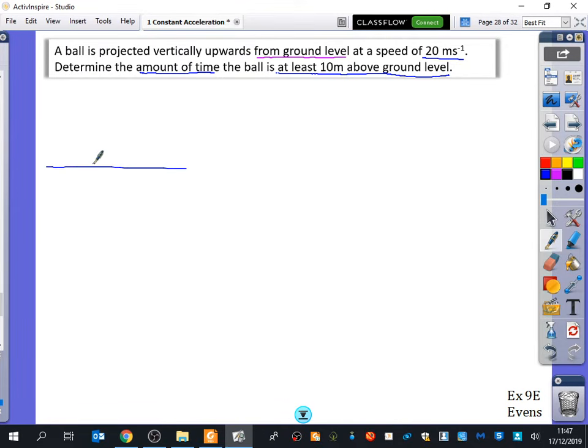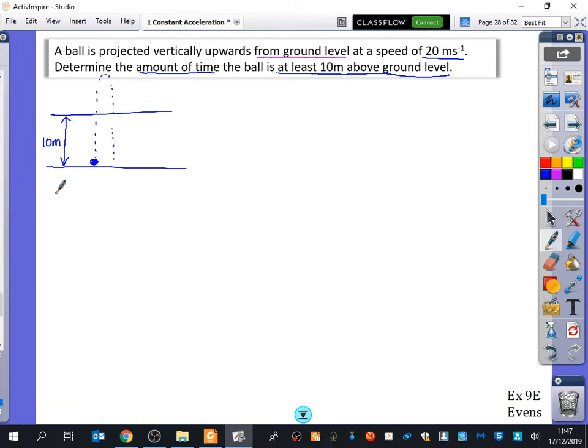We have the ground. We have something that is being projected upwards. And then it comes back down. And we want to know how much time it is at least 10 meters above the ground.